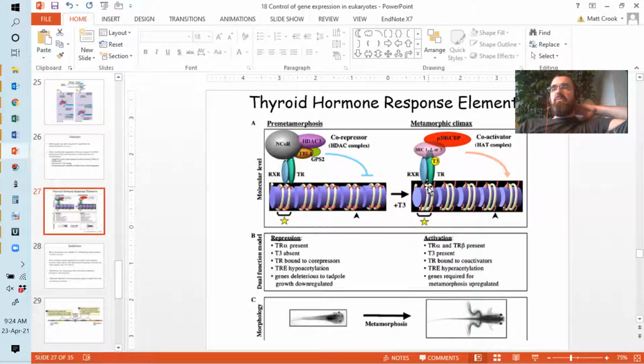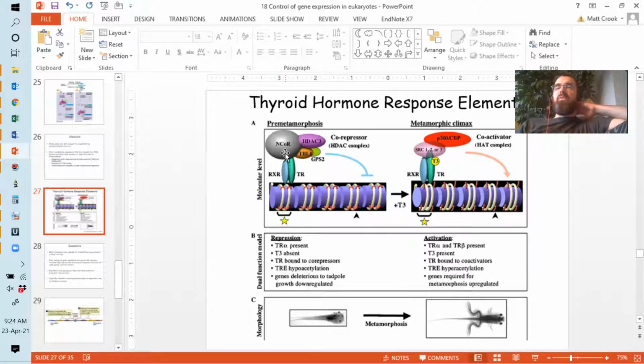And so these have to bind and recruit a bunch of other stuff in order to activate transcription, right? So you have to have a whole bunch of different proteins present for this activator to help activate transcription, right? And so this then promotes the metamorphosis of a tadpole into a frog.